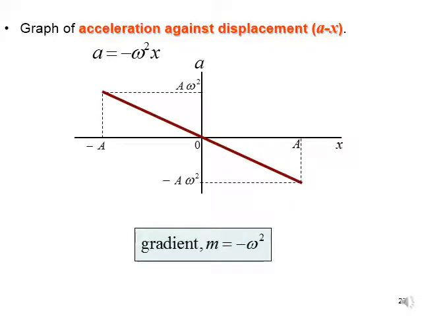The gradient of this graph represents negative omega squared. From the graph also, it shows that when x is positive, a is negative or otherwise. This shows that a and x always act in opposite direction.